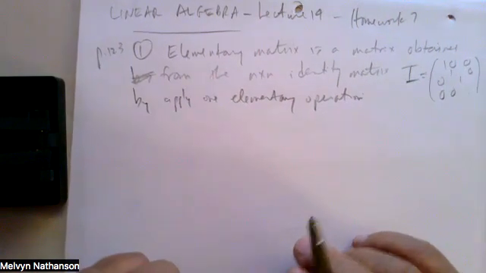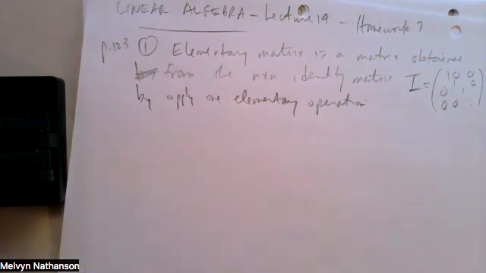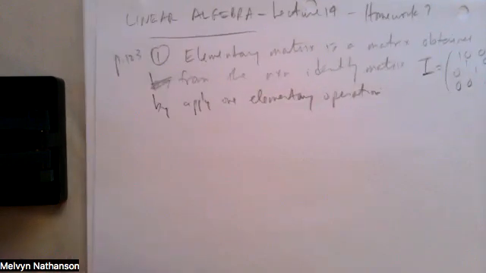So you have to know what the elementary row operations are. They are: interchange two rows, multiply a row by a non-zero constant, or add a multiple of one row to another row. So let's take a look at that.